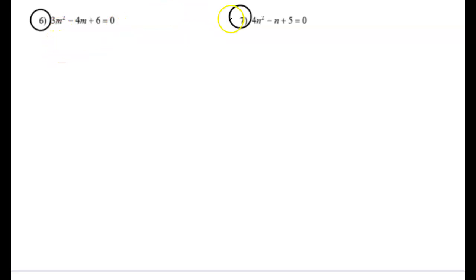What are A, B, and C on your number 6? Sorry, it's really tiny up there, but can you see on your paper? A is 3, B is the linear term of -4, and C is 6. Antoine, you okay? Okay.